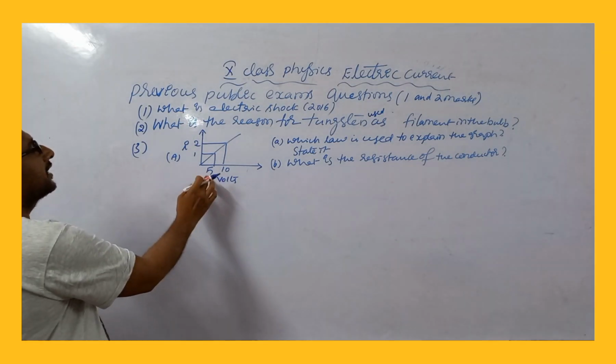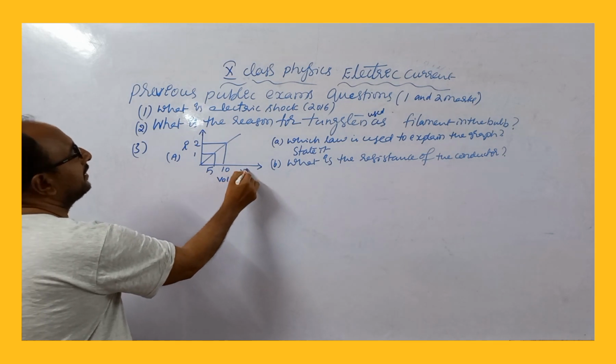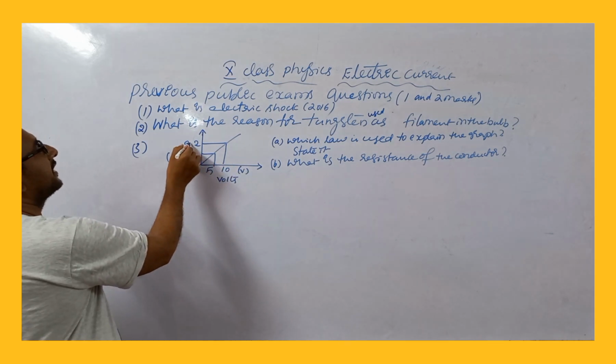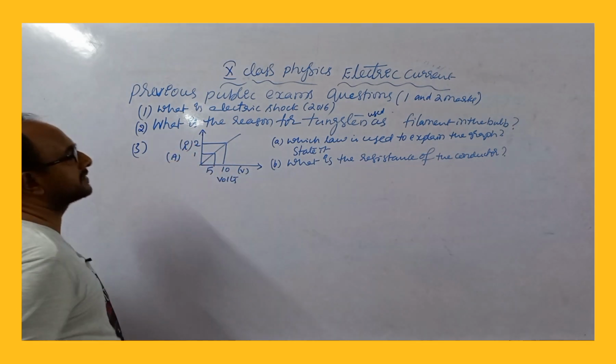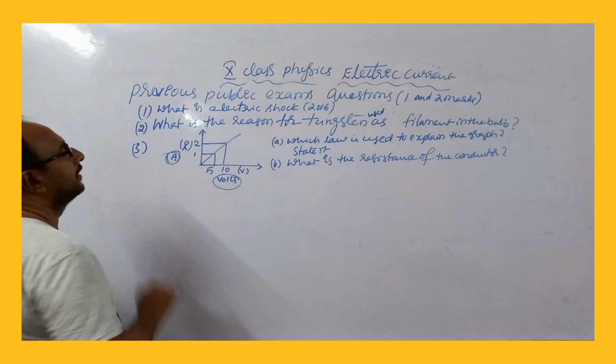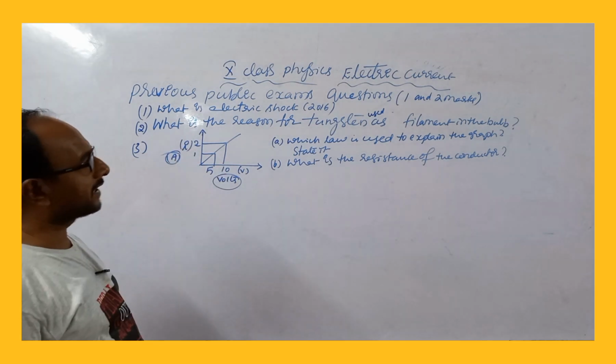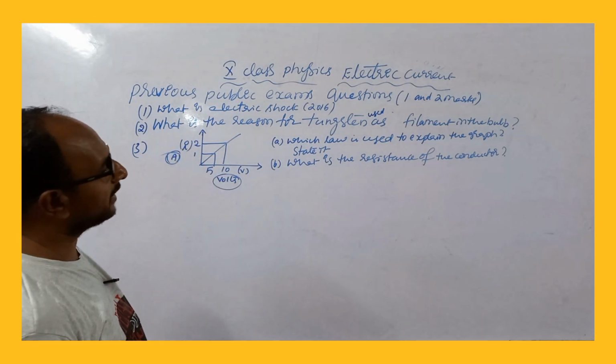Here it is V, potential difference in volts, and here it is I, current in amperes. Potential difference and current relation is explained by Ohm's law.